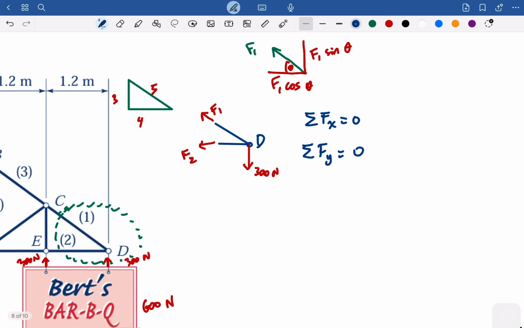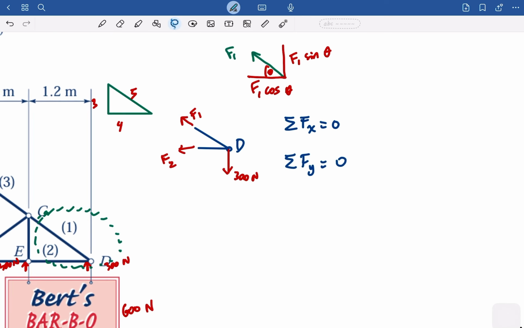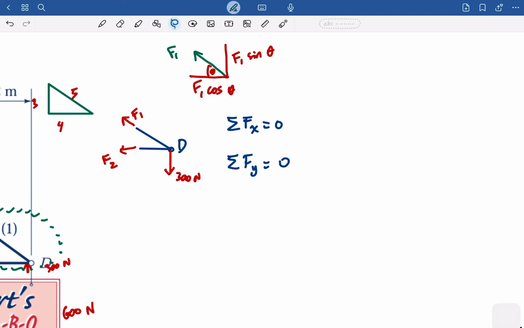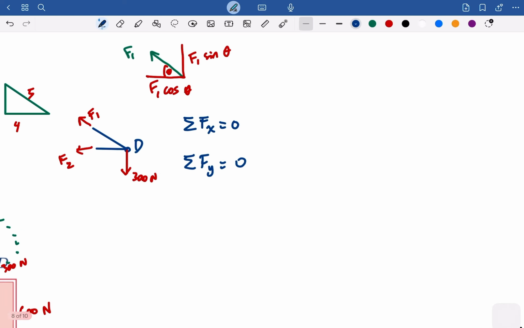Just to help for calculations. So let's start for x. So this will be negative F2, and then negative F1 cosine theta equals 0.